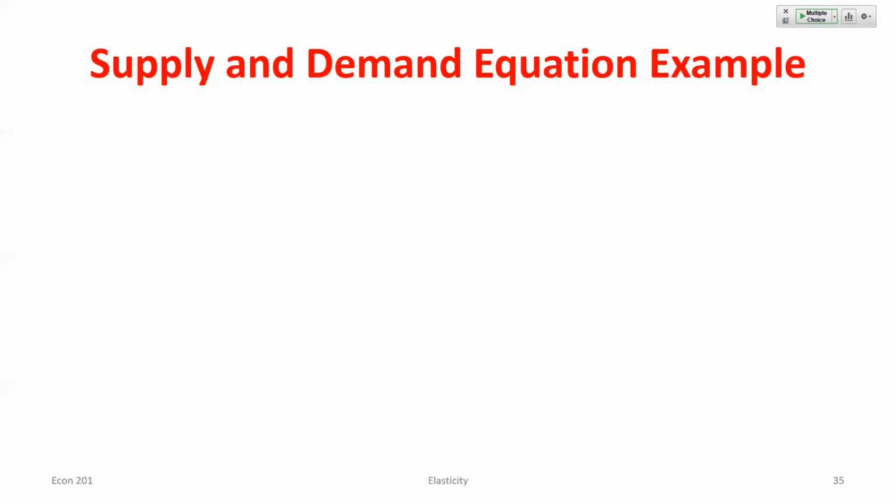Any questions on that? It's a little bit of a step back. What about, we use the same equations, but now what if I told you, so we know that the equilibrium quantity was 10, and equilibrium price was 40.